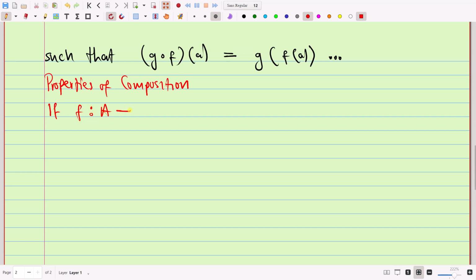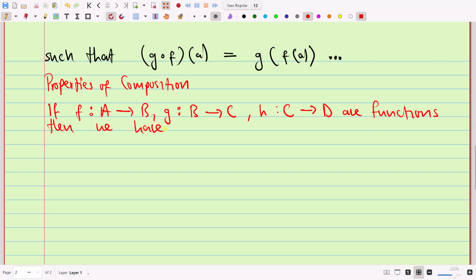So if f from A to B, g from B to C, and h from C to D are functions, then we have that (h o g) o f is equal to h o (g o f).